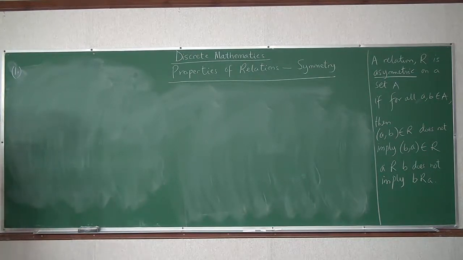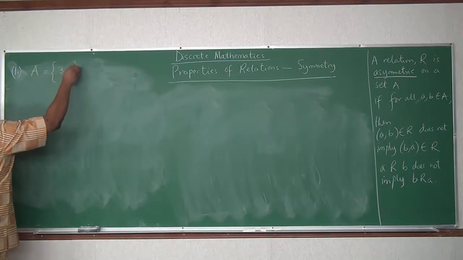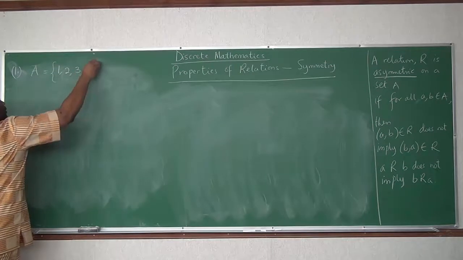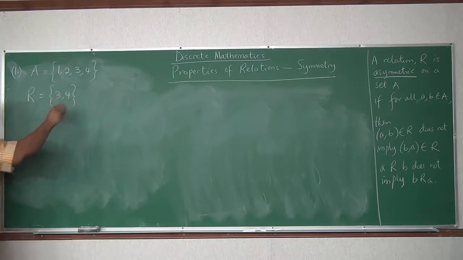Let's say we have set A to be {1, 2, 3, 4}, and we have the relation to be {(3, 4)}. Look at this for a moment here.